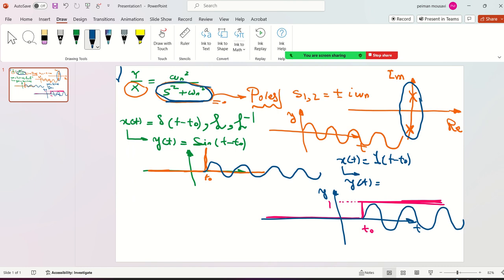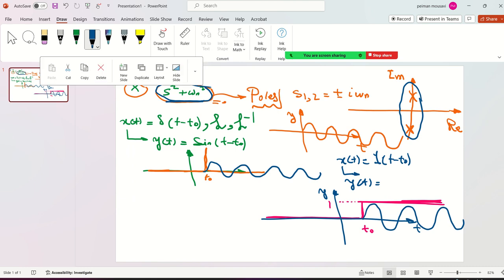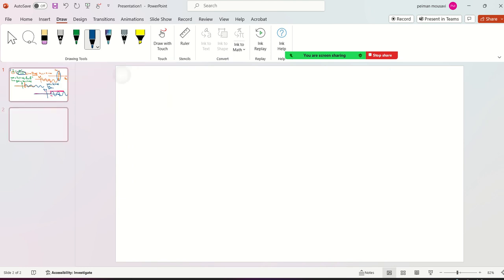Okay, can I go to the next page, guys? Yes? Sure. Okay, so y over x, I'm just writing here, is omega n square over s square plus omega n square. Remember, for the Simulink example, I said omega n is 1 radian per second.